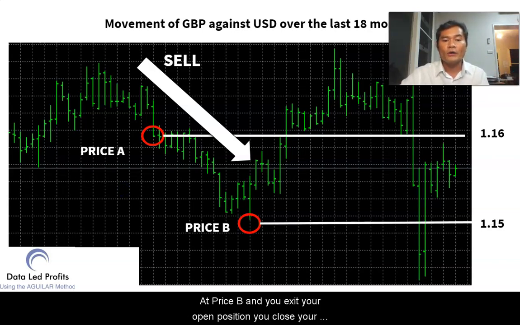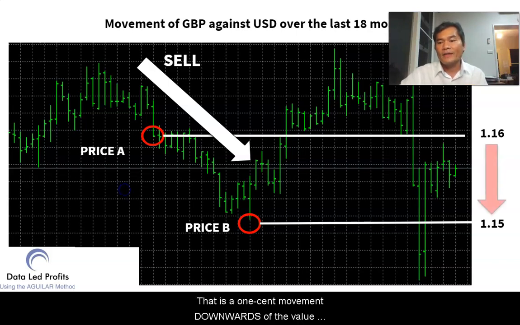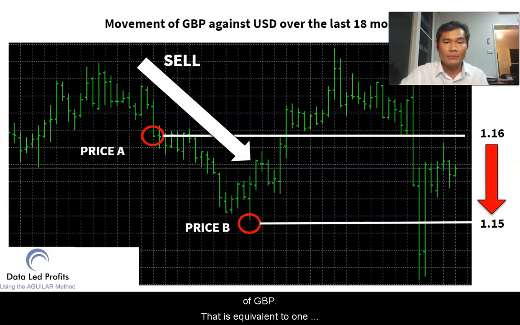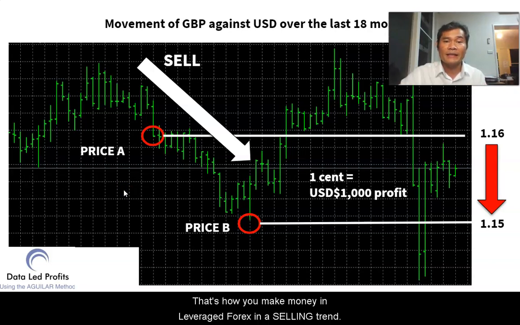You close your open position at price B, which is at 1.15. That is a 1 cent movement downwards of the value of GBP. That is equivalent to $1,000 in profit. That's how you make money in leverage forex in a selling trend.